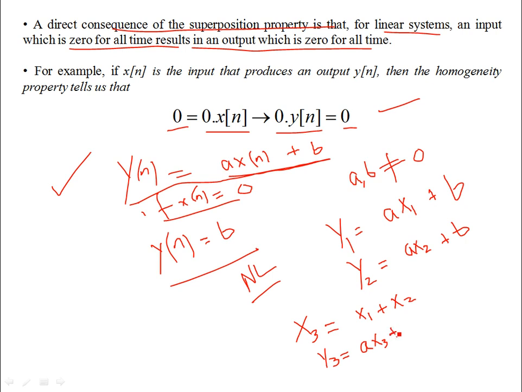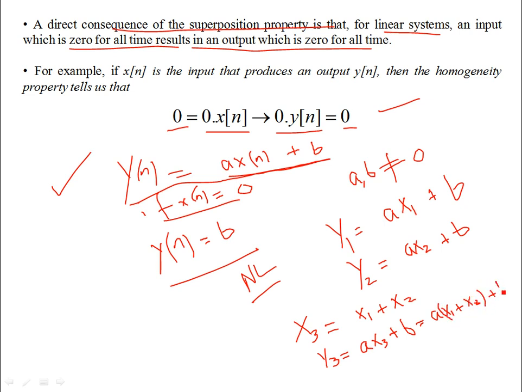I just plug this input in the definition of the system to get an output y3, and you see this is equal to a times x1 plus x2, in brackets, this is my x3, plus b.